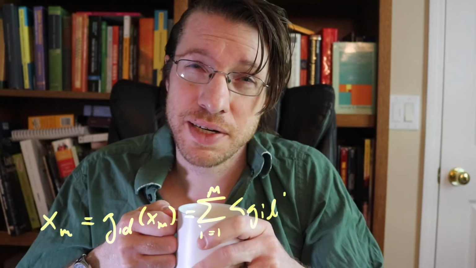This assumes that the identity function is actually in your Hilbert space. And then you take that expansion and you put in x_m, and then you basically get x_m is a sum of exponentials.